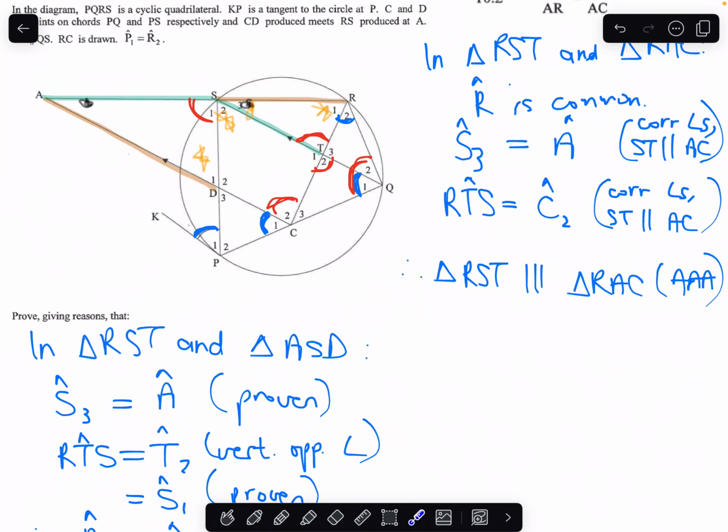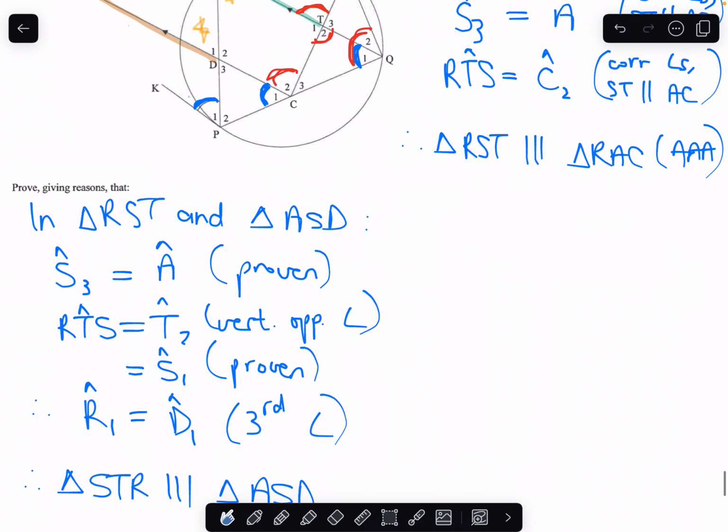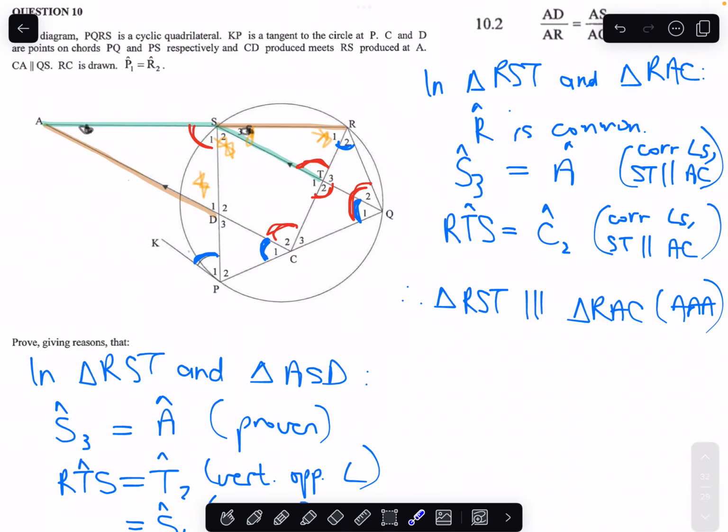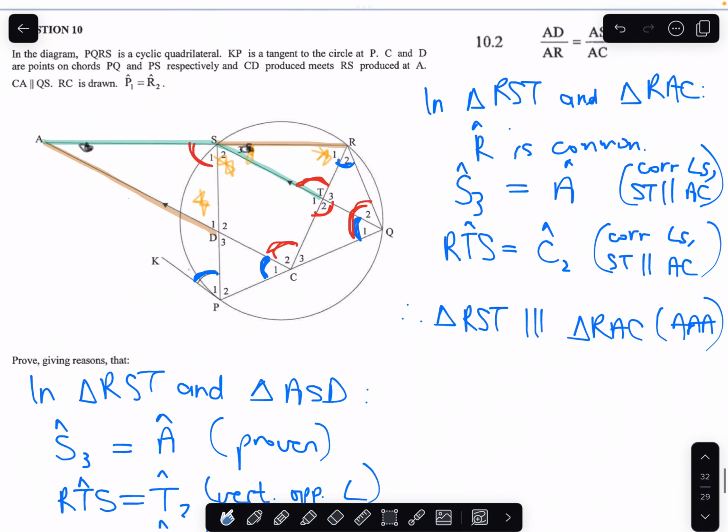So S and A, T and S, and then R and D. Okay, cool.